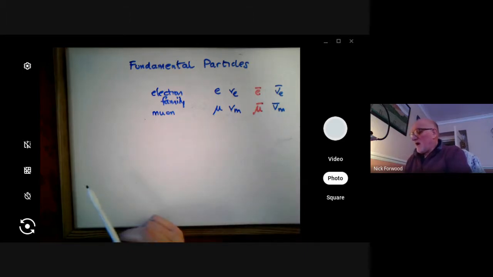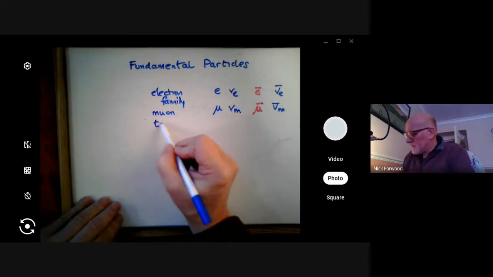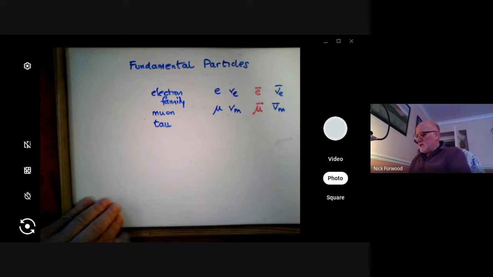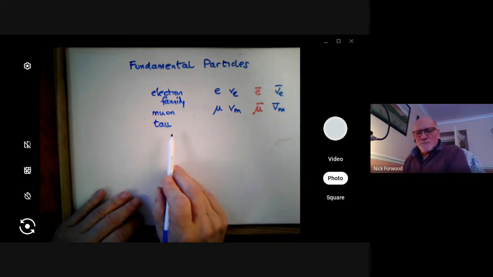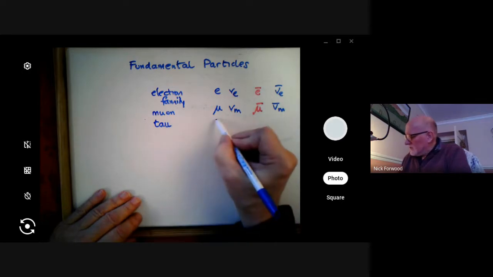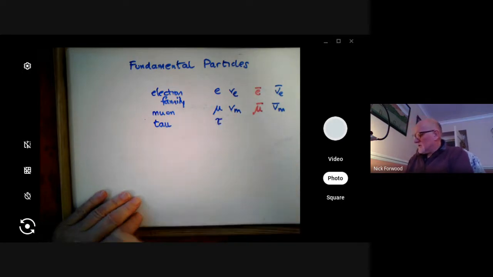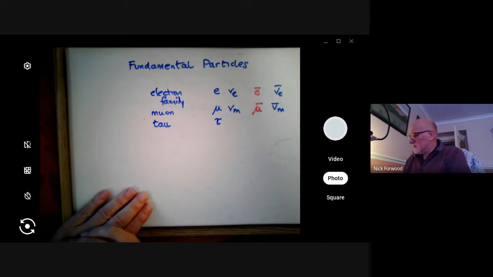Now, at even higher energies, we get even more massive particles. And this family is called the tau family. Tau. So it's like family 3, or tau electrons. And the tau symbol is a sort of T shape. A lot of these letters are Greek letters.